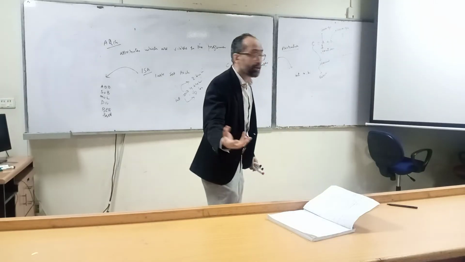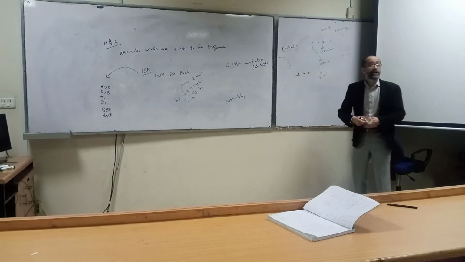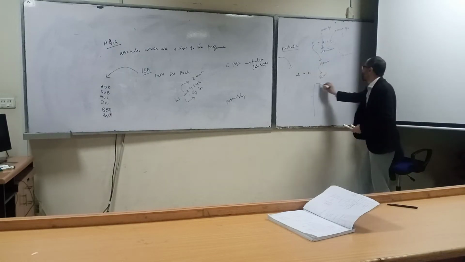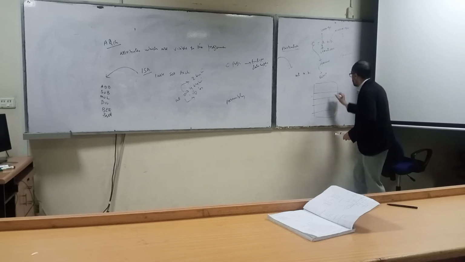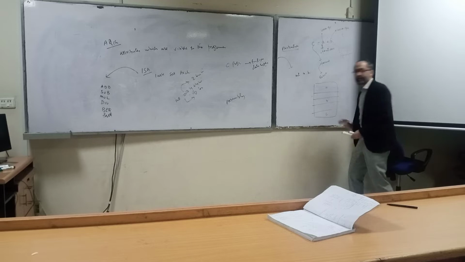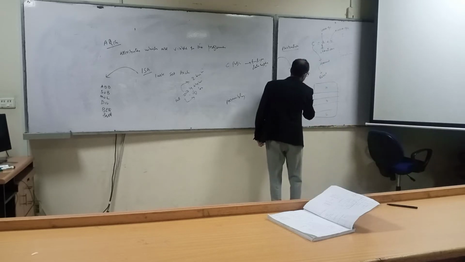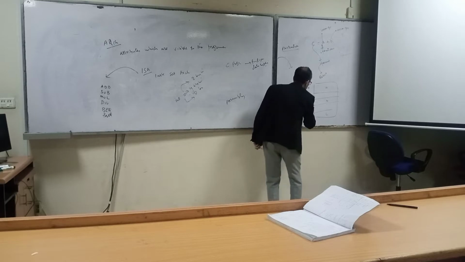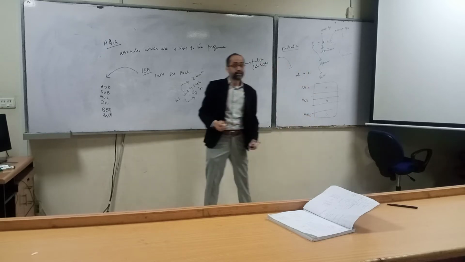So the compiler will allocate a memory location for 3 variables A, B and C, and each location will have some address, maybe ADR address of A, address of B, and address of C.